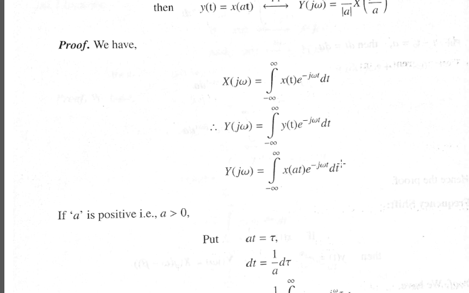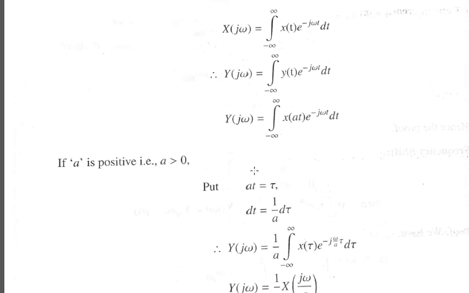Then we should have a single letter, as we already know. So let's say a t is equal to tau. Let's do the differentiation of this. dt is equal to d tau, and this a is taken on the other side, 1 by a.